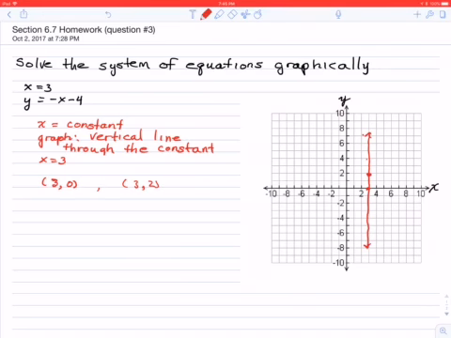Now, to graph that second equation, y is equal to negative x minus 4, I'm going to use the slope y-intercept method. So the number that stands by itself, or the constant, that's our y-intercept. As an actual point, it'd be when x is 0, y is negative 4.